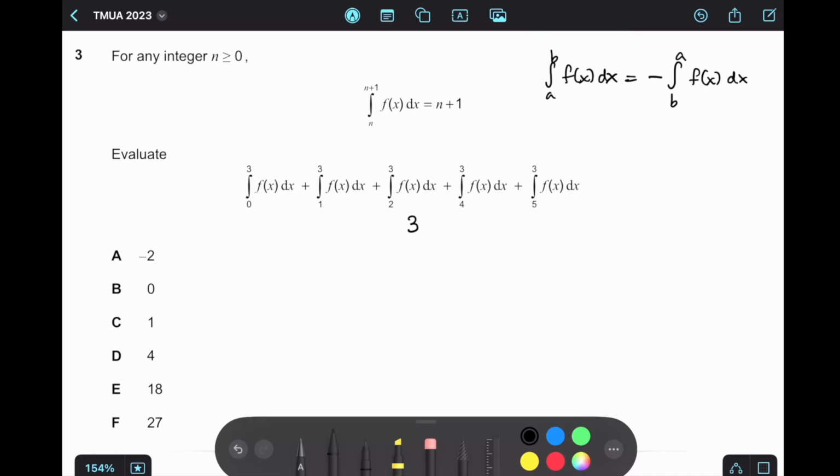So using this fact, we realize that this value is just a negative version of the integral from 3 to 4 of f(x) dx, which we know by the fact above to be 4. So therefore this one would be negative 4.